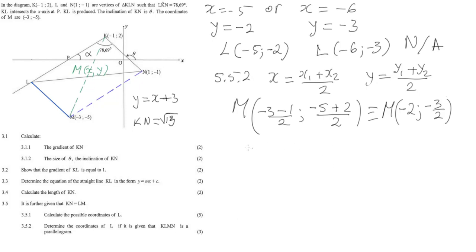Now we have a midpoint, so let's use the formula of a midpoint for LN, meaning x of L plus x of N divided by 2 will be equal to x of M, because this is a midpoint.